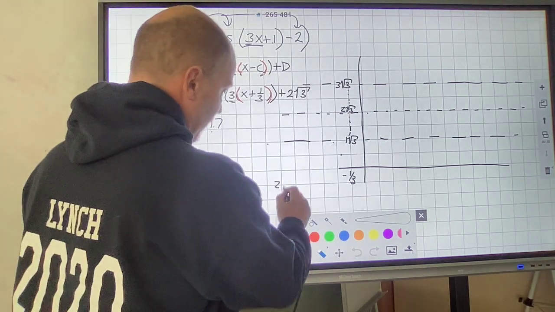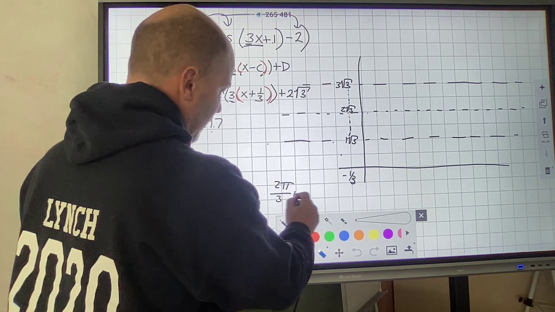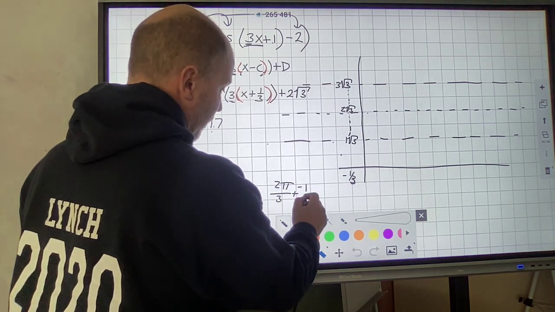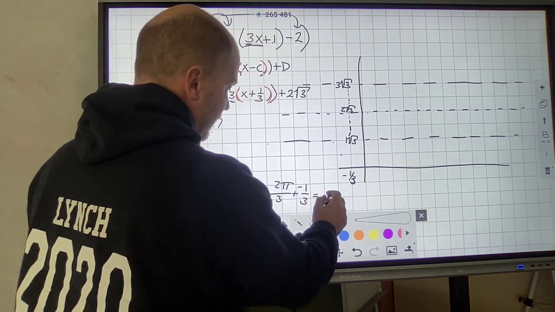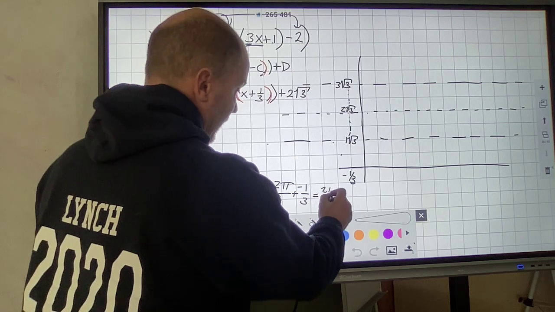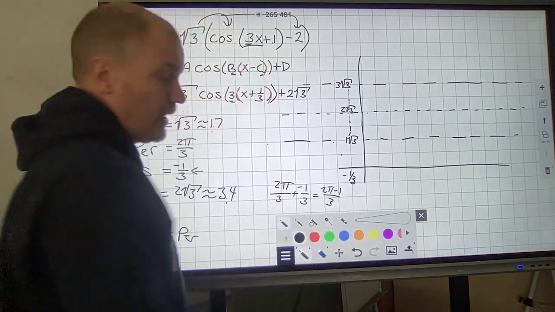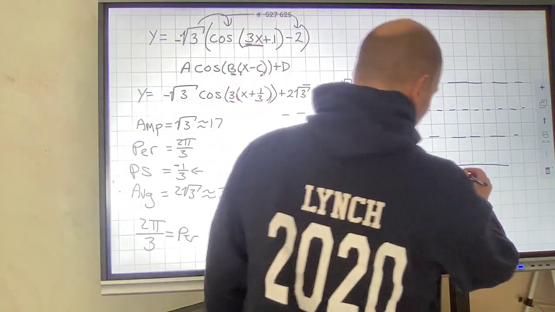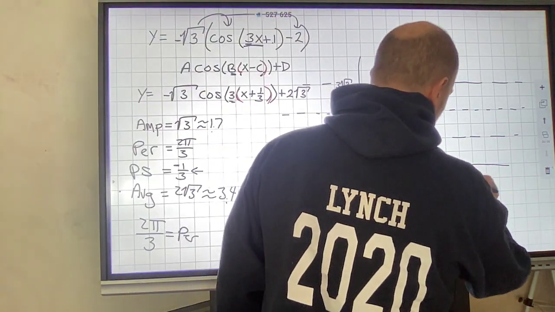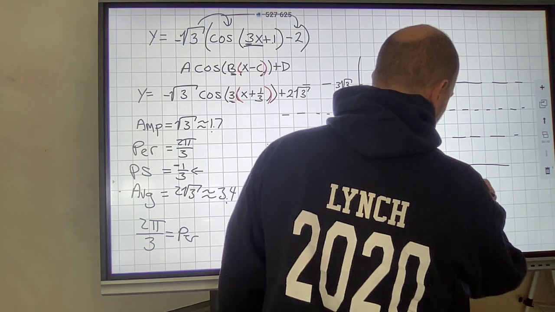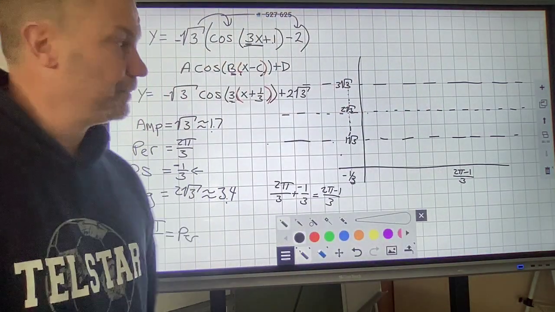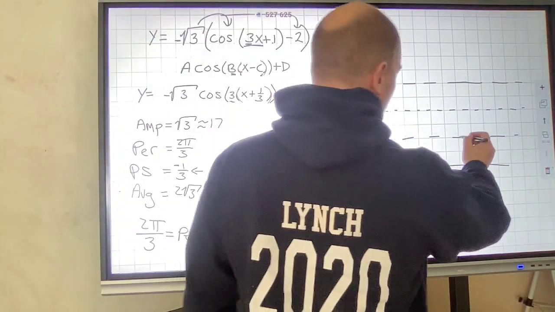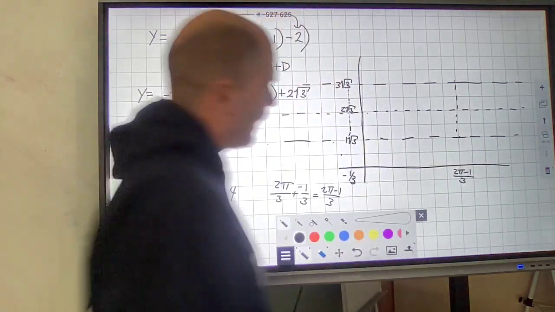So 2 pi over 3 plus negative 1 over 3 is 2 pi minus 1 over 3. That is some crazy number, right? It's over here somewhere. Doesn't matter exactly where it is. 2 pi minus 1 over 3. There it is.